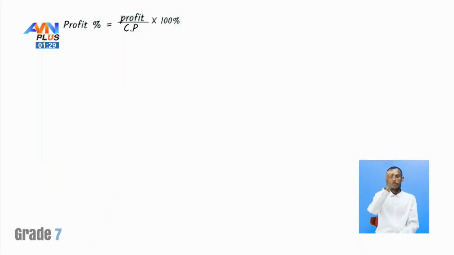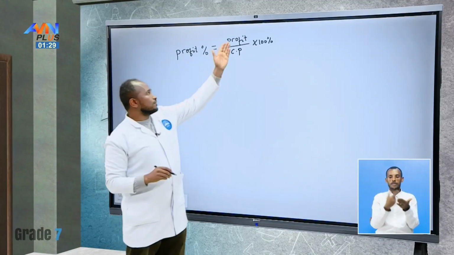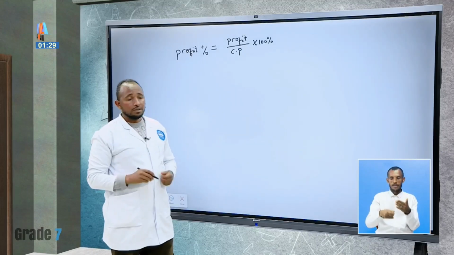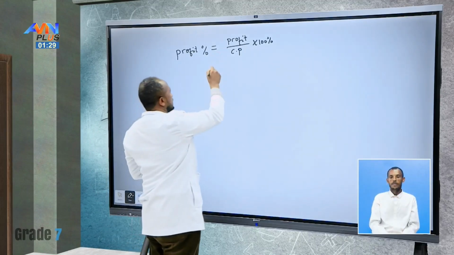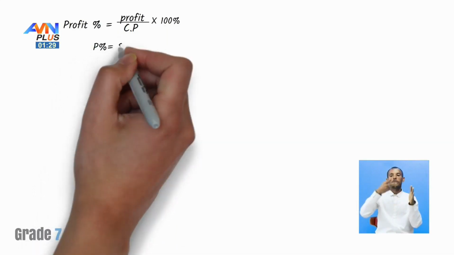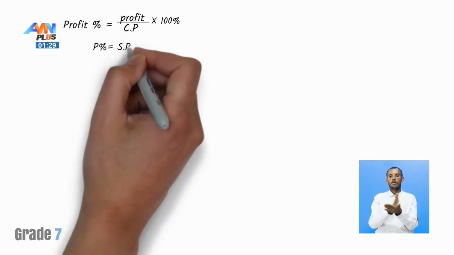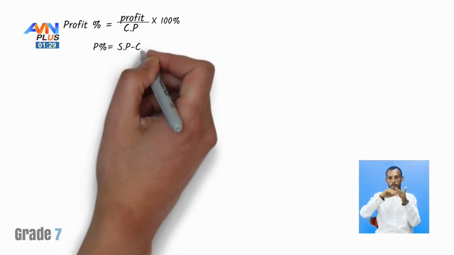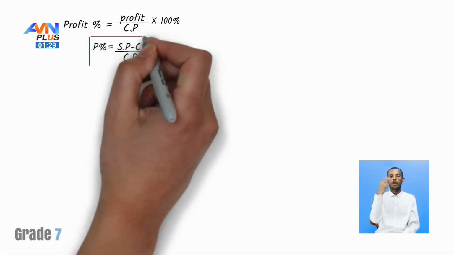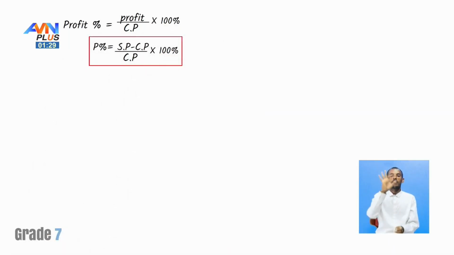Therefore, profit percent is given by this equation: profit divided by cost price times 100%. We can rewrite this as selling price minus cost price, divided by cost price, times 100%. So this is the formula we use to calculate the profit percent.